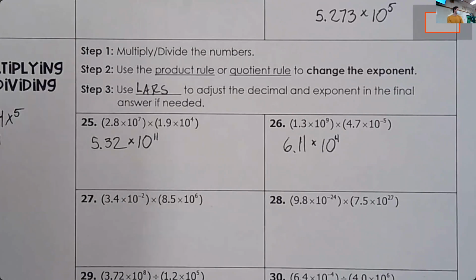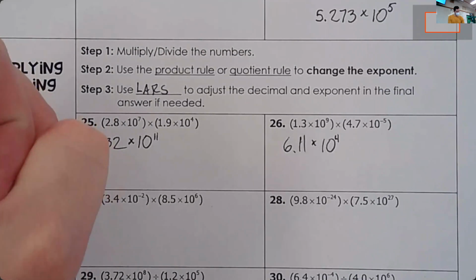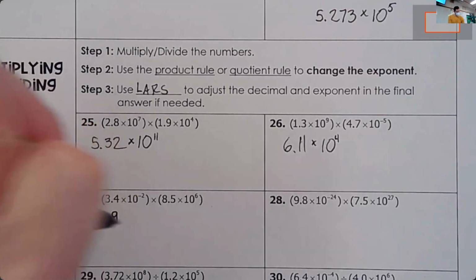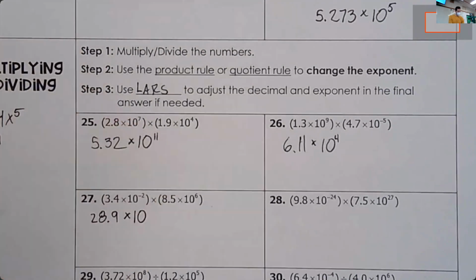I see a lot of calculators. 3.4 times 8.5 is 28.9. All right, so 28.9 times 10 to the what power? What's our exponent going to be?